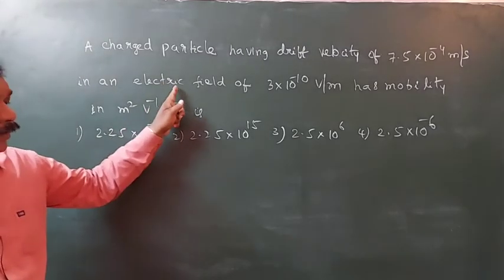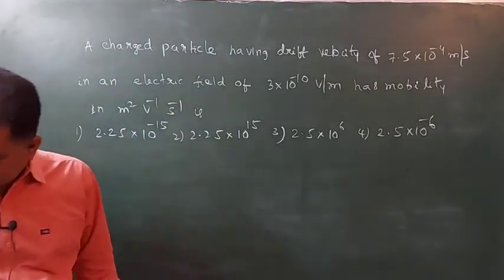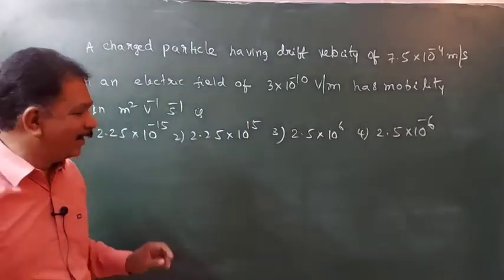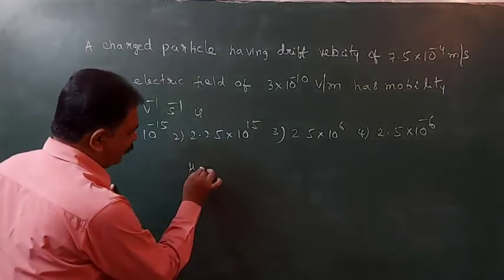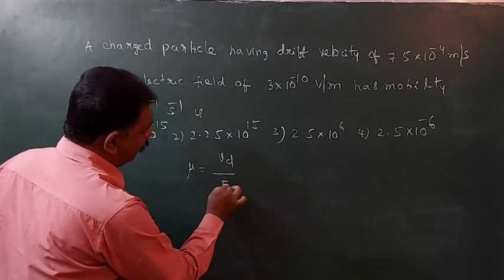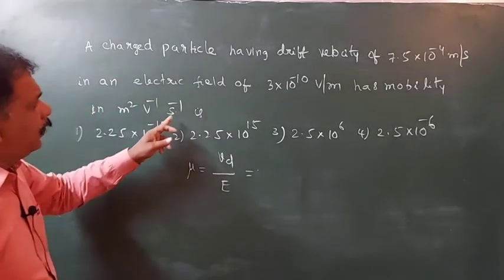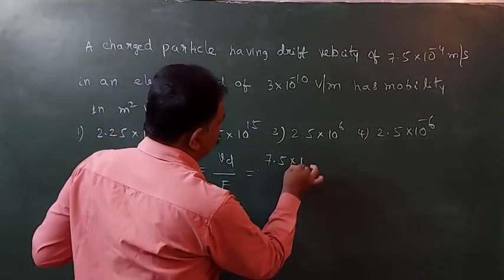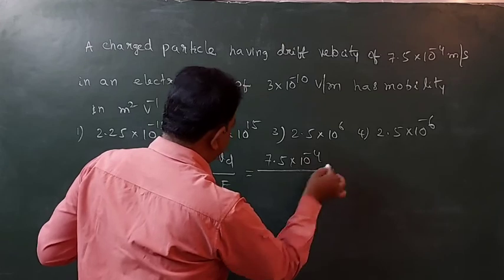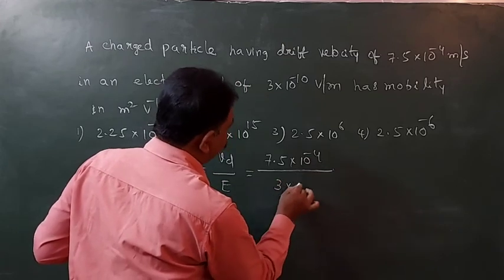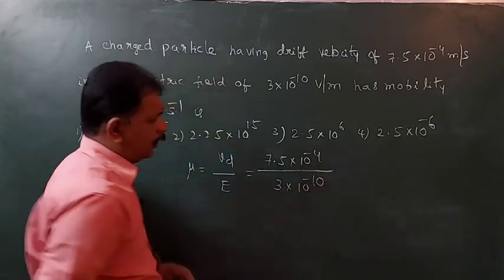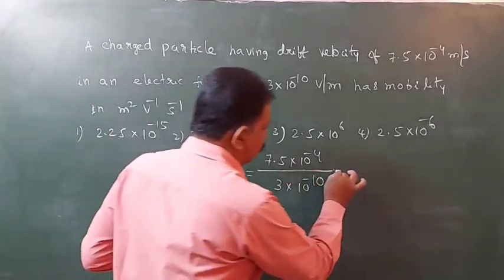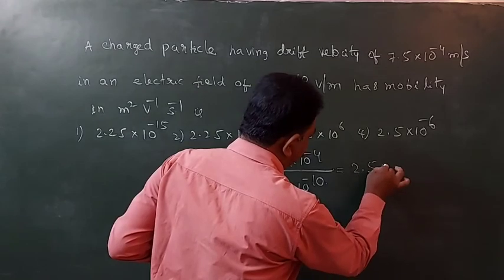They asked in 2020, last year's paper. Then what is the answer here? Mu is equal to Vd by E. Vd value is 7.5 into 10 power minus 4, E value is 3 into 10 power minus 10. 7.5 by 3 means 2.5.